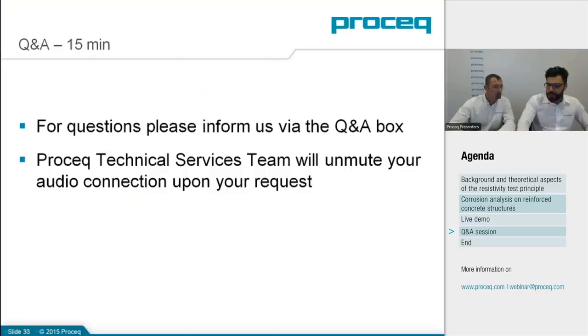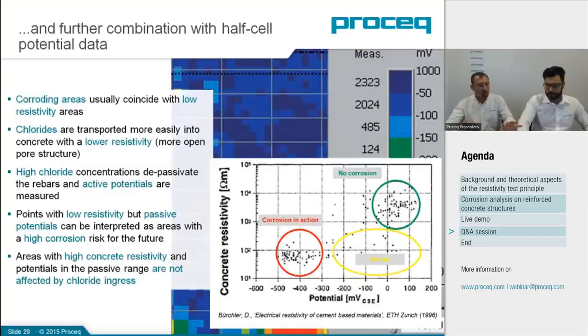The relationship between resistivity and potential. Let's go very shortly on that slide. In principle, there is no relationship whatsoever between half cell potential and resistivity. Half cell potential is telling us about the steel: is the steel passivated? Is it corroding? Yes or no. Resistivity is saying how good the concrete is in protecting the steel.